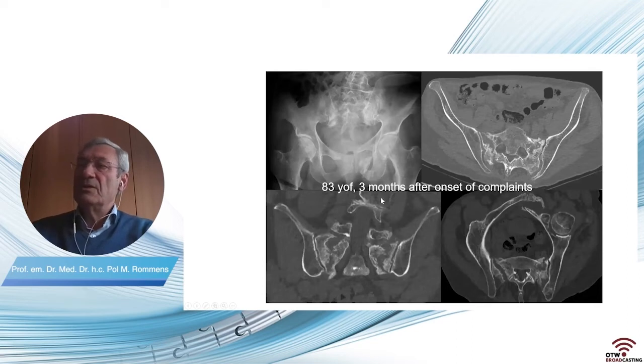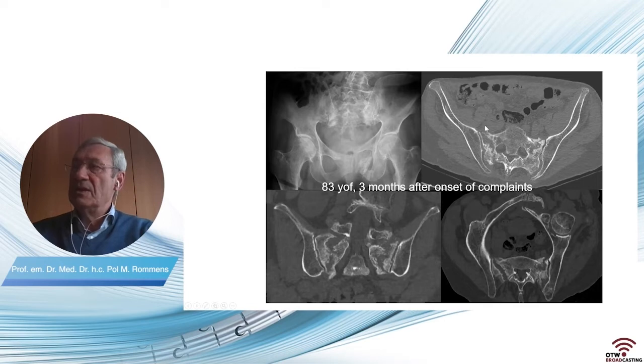Two examples, you see here an 83-year-old female, 3 months after the onset of complaints. For the first time, a CT scan and conventional X-rays were taken. In the conventional X-ray, you see a huge displacement on the left pubic rami. If you see the CT scan, this is a transverse, a coronal, and an oblique reconstruction.